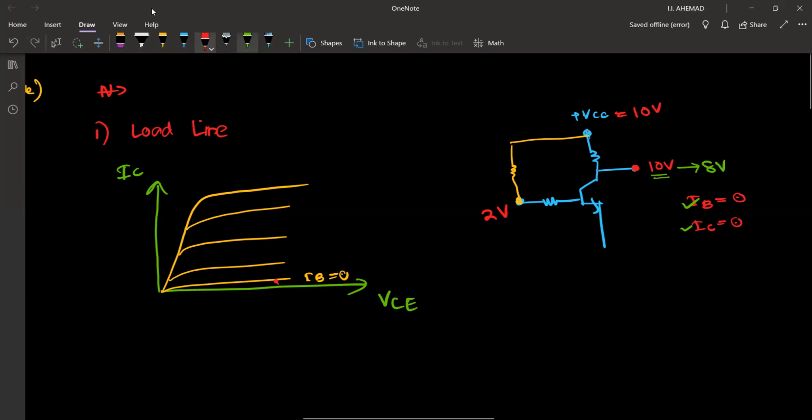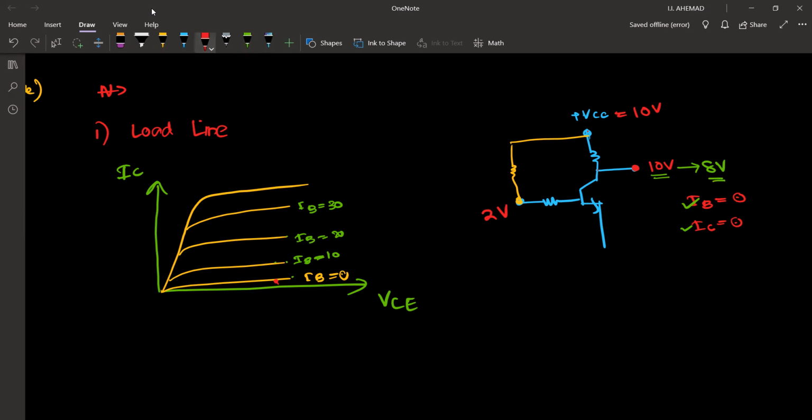Therefore, not this line. Now I have to check this or this line. Okay, can you remember these graphs were drawn for different IB values? Let's say for 10, 20, 30, and so on. So IB has increased. From this graph, IC also has increased. At the same time, VCE has decreased.